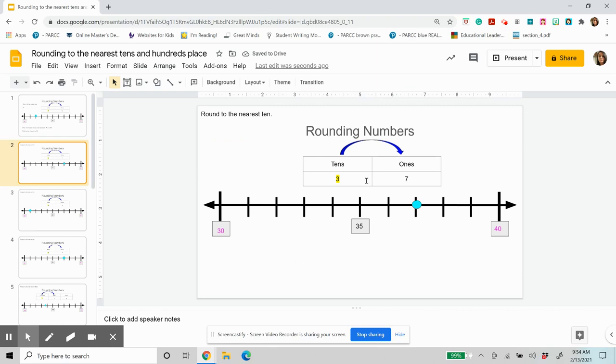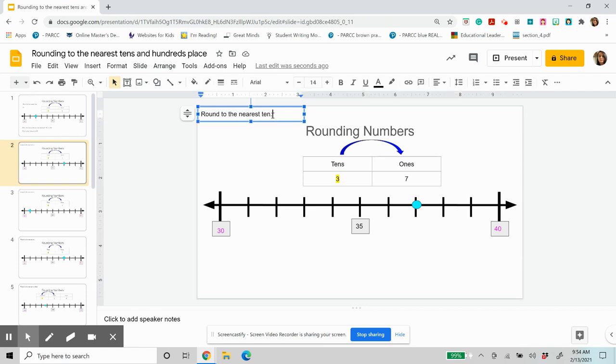When we rounded 37 to the nearest 10, we decided which numbers were going to go on the number line, the 30, and the next 10 was 40. Then we looked at our deciding factor. It was a 7. That's larger than 5, so we rounded up. So in this case, 37 would be rounded to 40, okay?